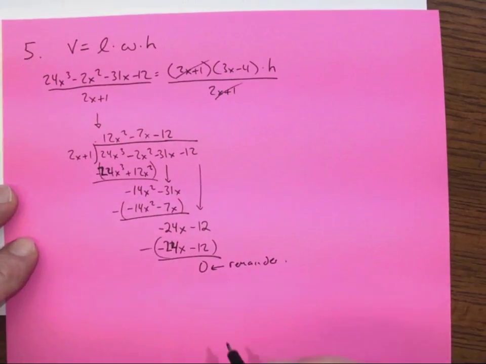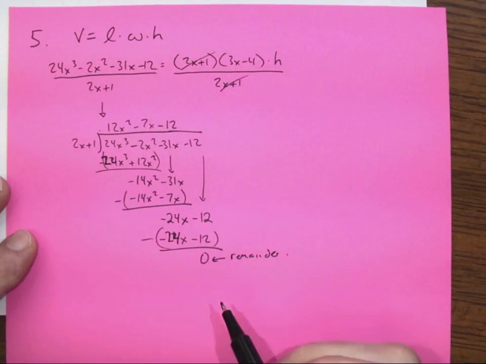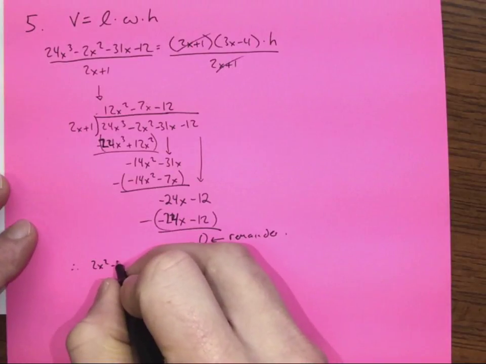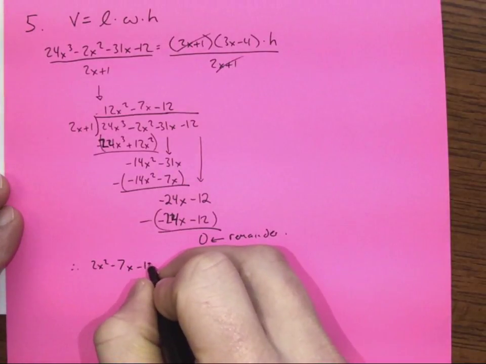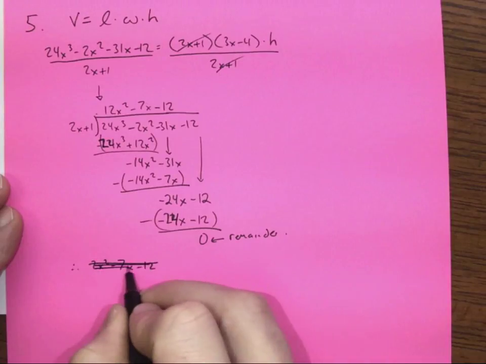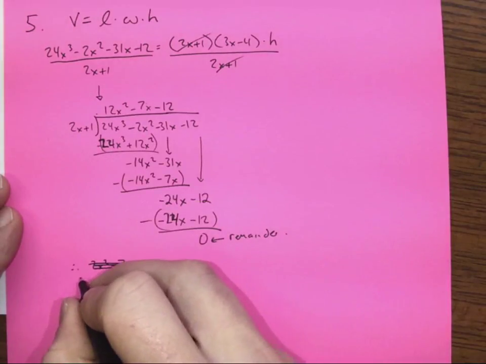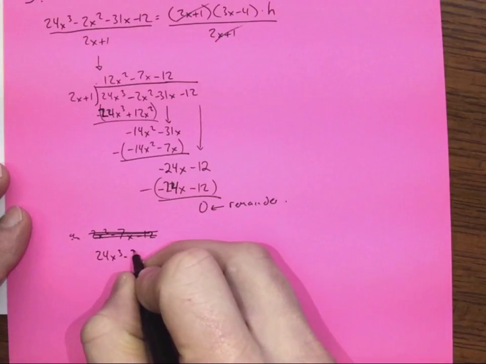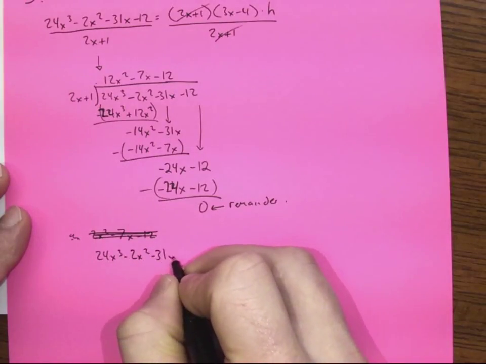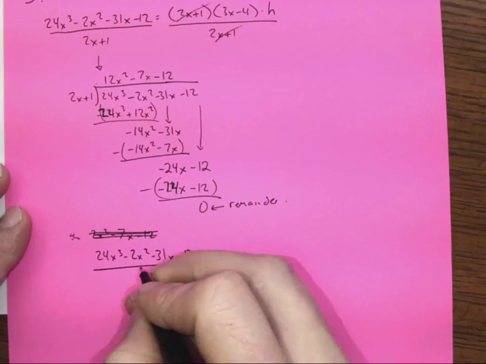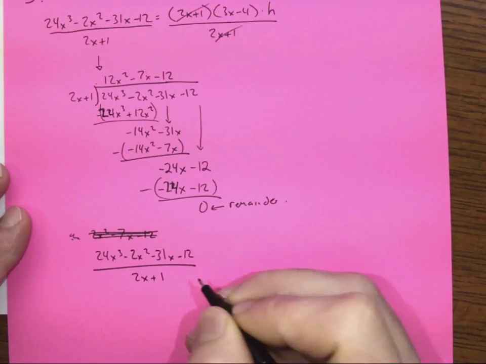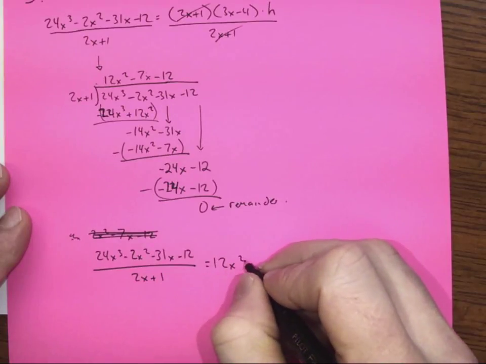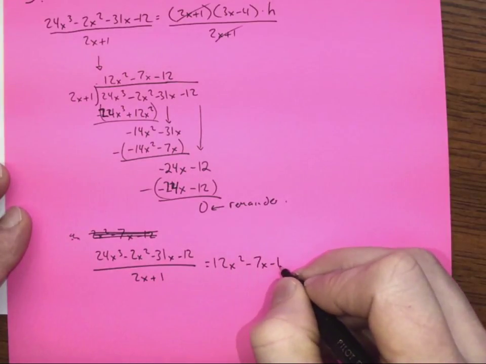Okay, so therefore, 24x cubed minus 2x squared minus 31x minus 12, divided by 2x plus 1, is all equal to 12x squared minus 7x minus 12.